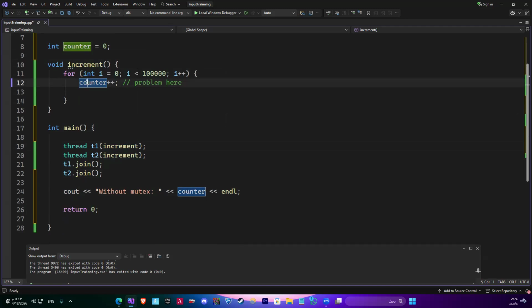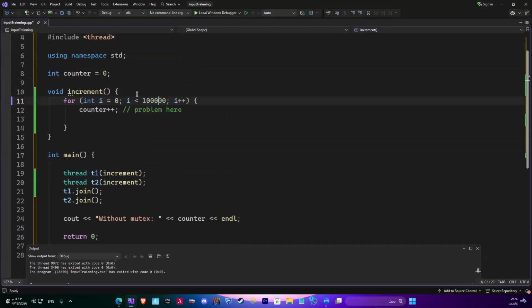We will increase the counter 100,000 times. But the answer will be unexpected because this is the first version without mutex.